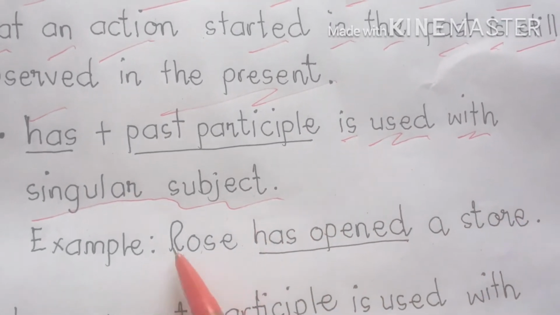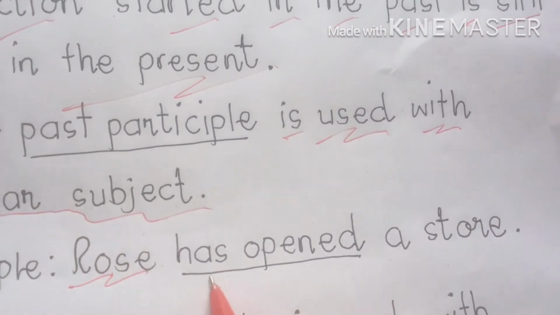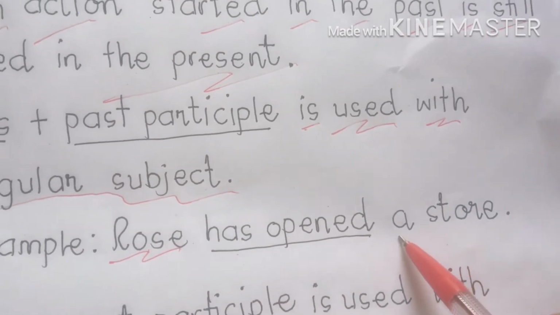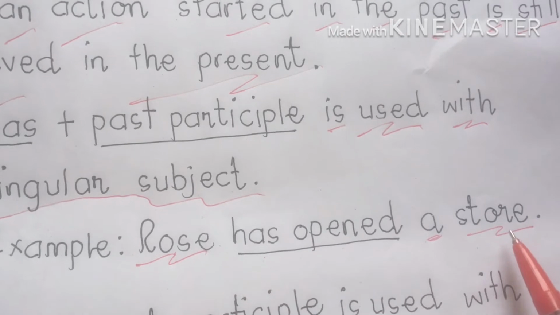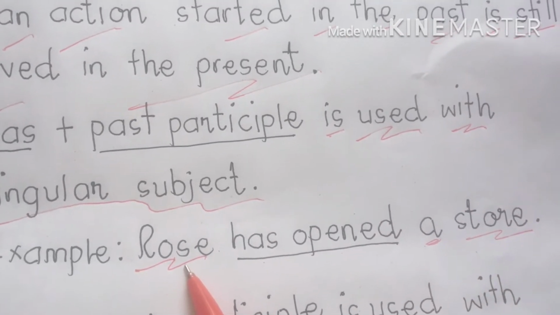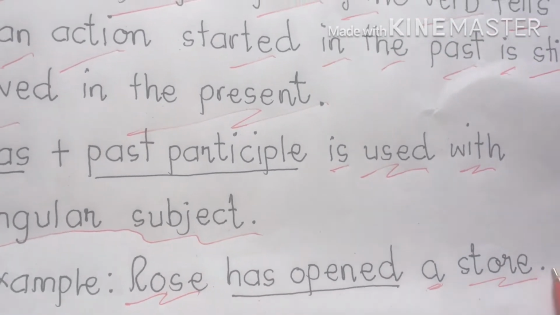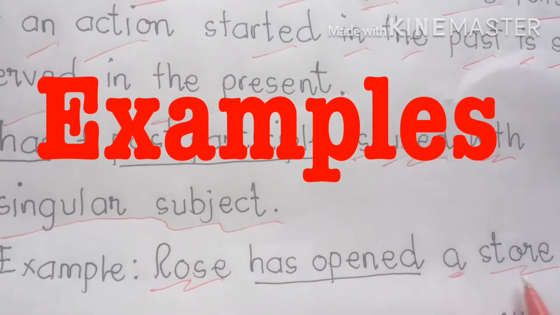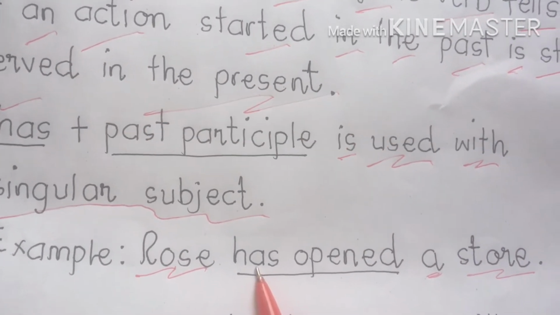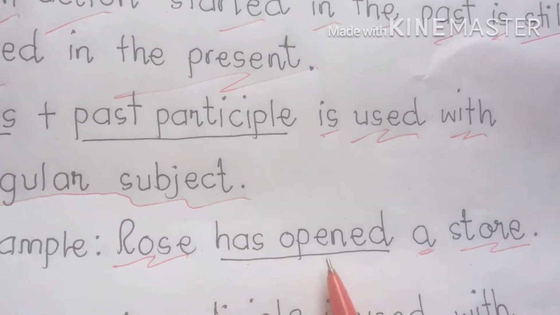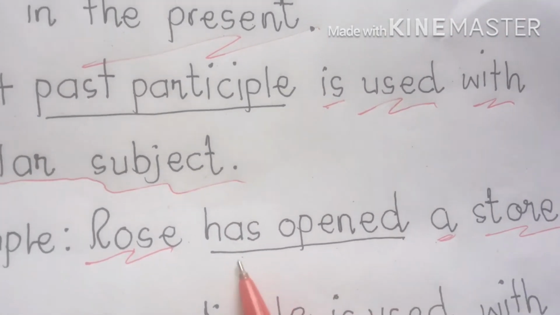Say for example, Rose has opened a store. Our subject here in our example, class, is Rose. She has opened a store, or Rose has opened a store. Has is our present perfect form with the verb opened. So we use has.